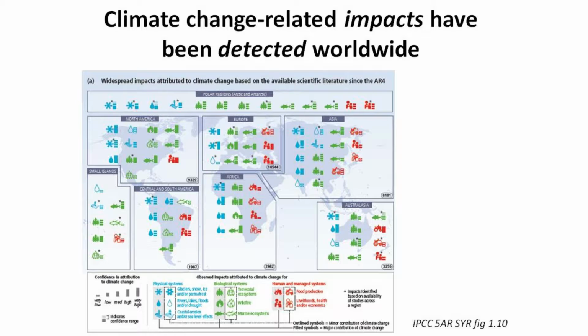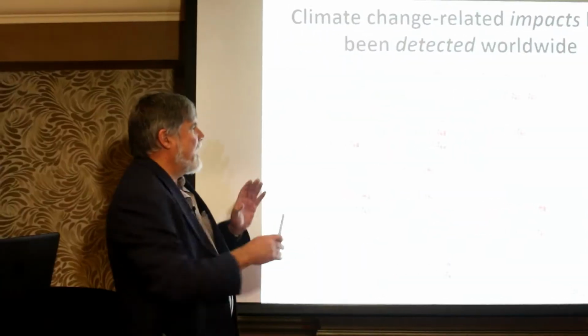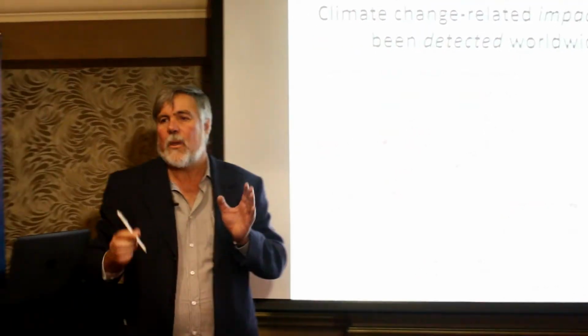But the point about this indication is that across many things, this is the physical system, these are ecological systems, so in forests, in water systems, in marine systems, in human and managed systems, croplands, livelihoods, across many axes and across everywhere in the world, we are detecting the effects of climate change.